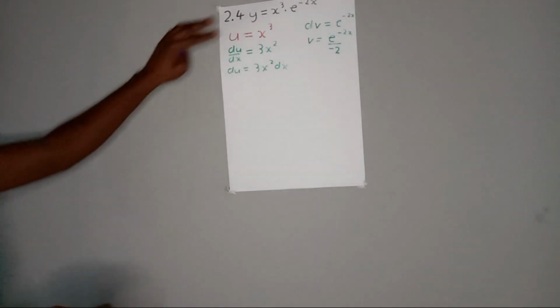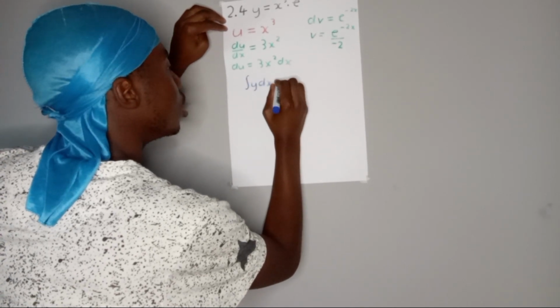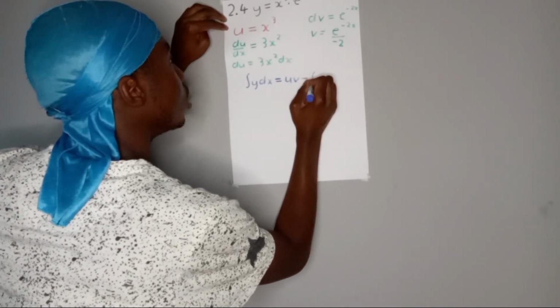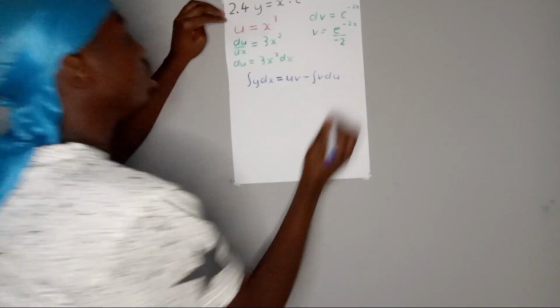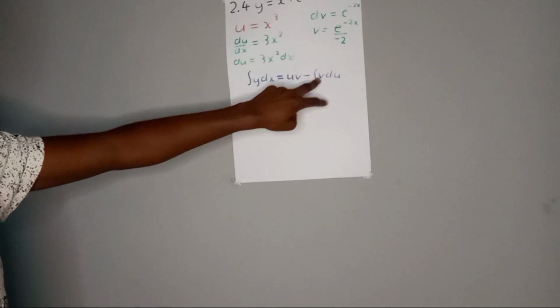Now, this is the formula we're going to use: this is equal to uv minus the integral of v du.